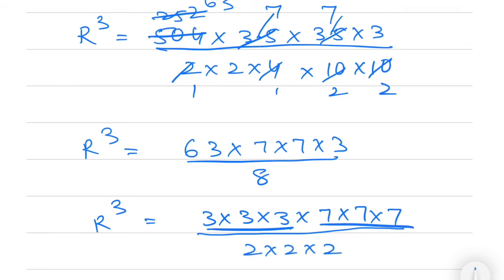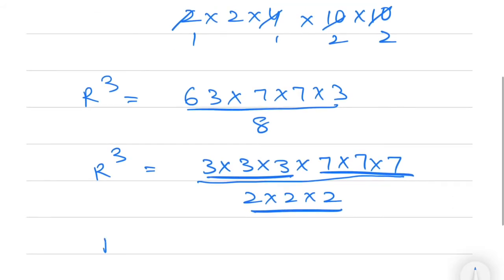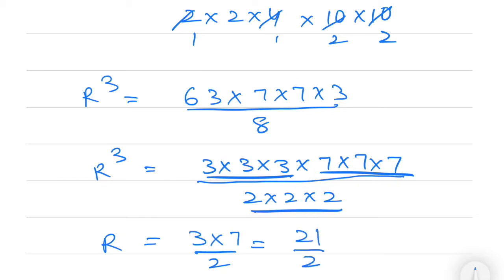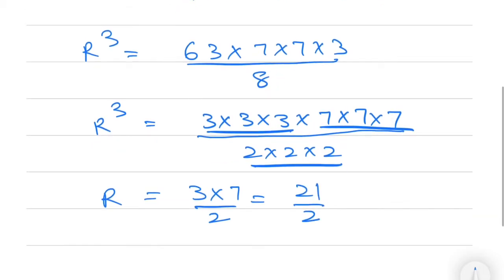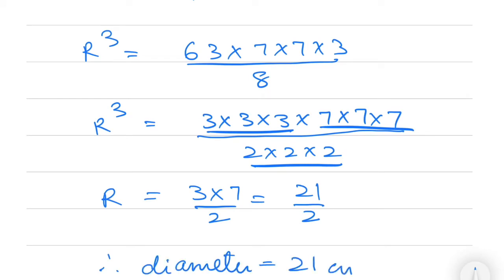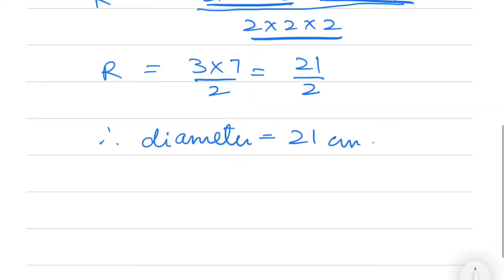So we can make pairs of 3, and we can write down radius is equal to 3 into 7 by 2, so 21 by 2. Okay, so therefore diameter is equal to 21 centimeter.